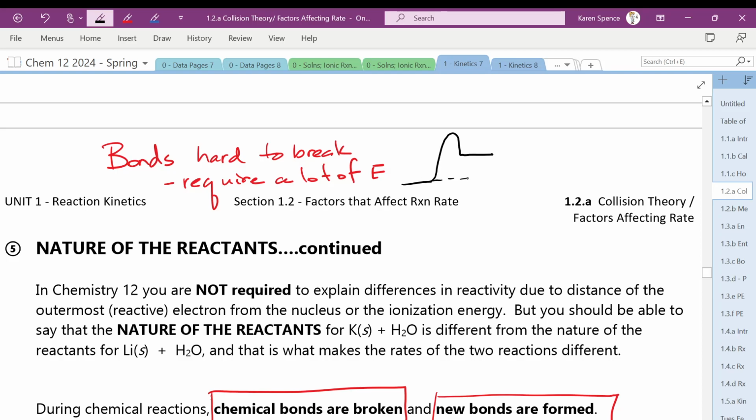All right. So that would require a lot of energy to break those bonds. So that means that that energy hill will be tall.